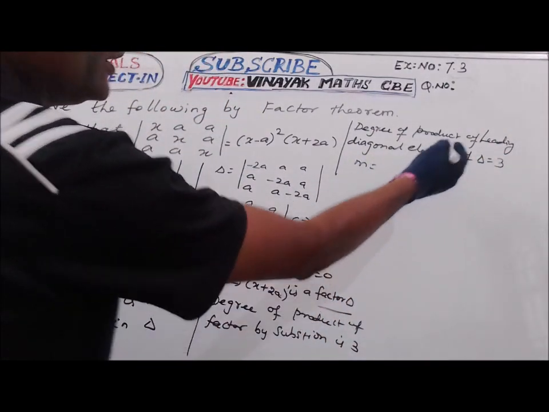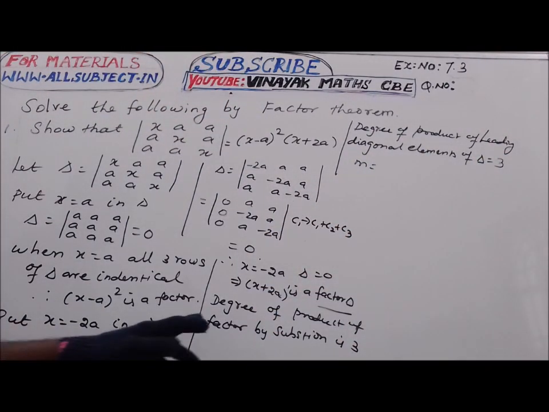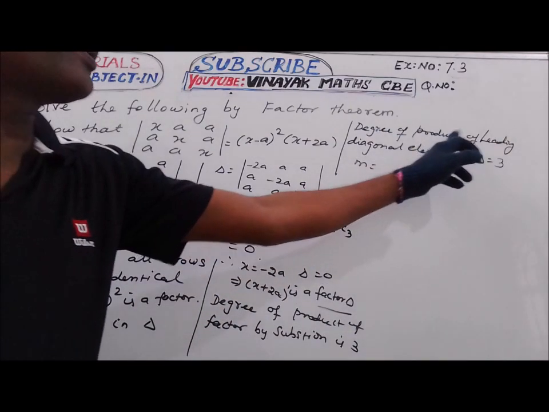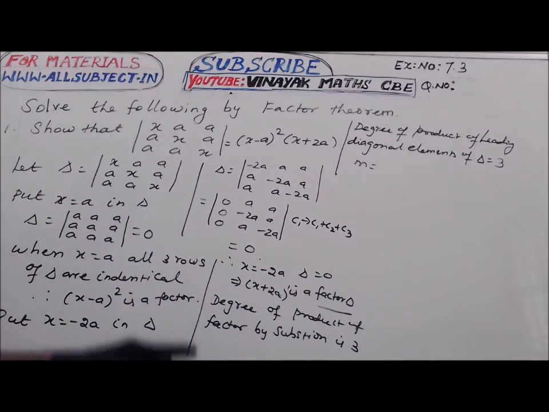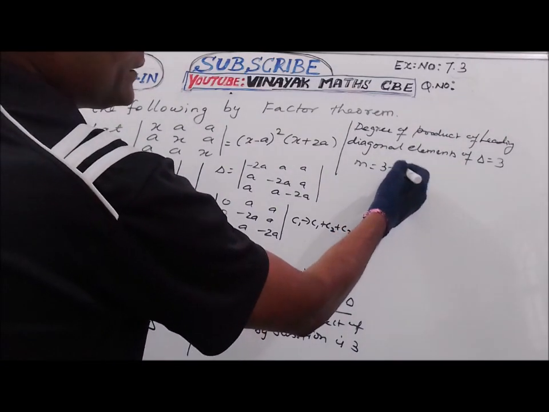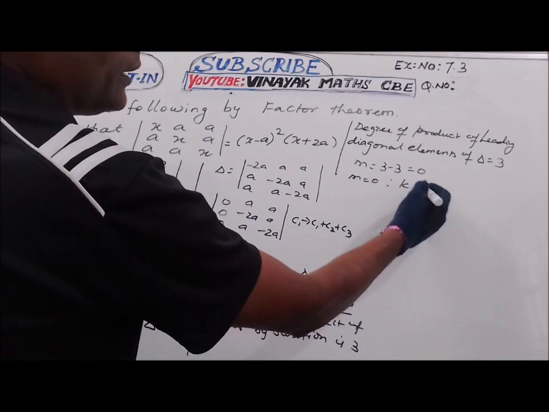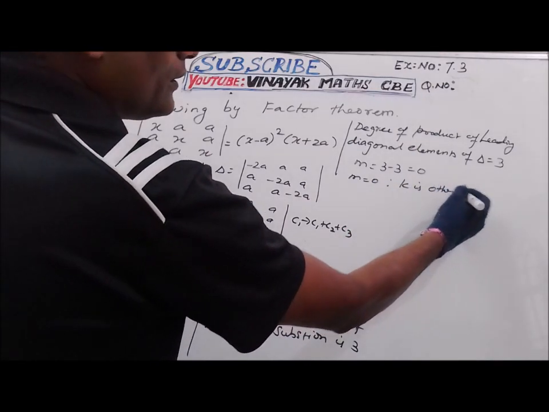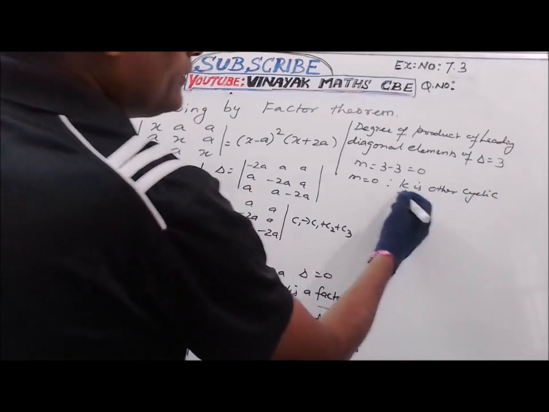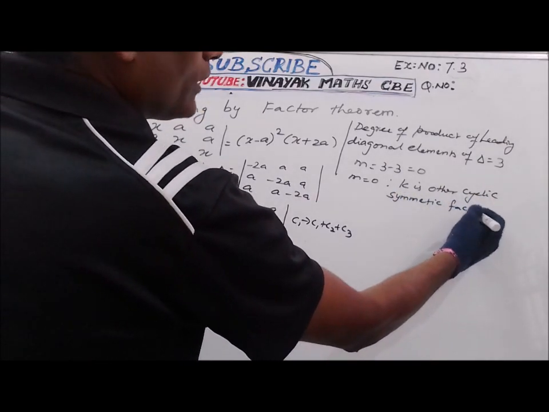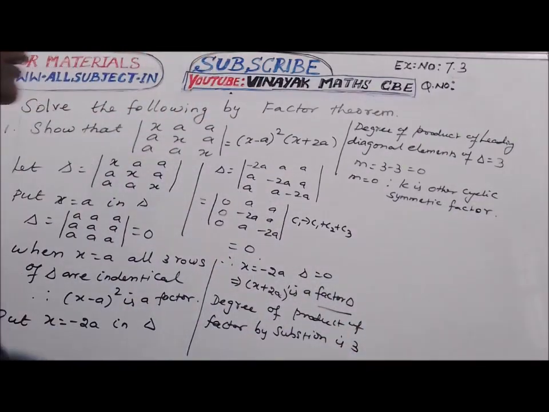m is the difference between the degree of the product of factors by substitution and the degree of the product of the leading diagonal elements. So the difference is 3 minus 3 equal to 0. When m equal to 0, k is the other cyclic symmetric factor. So k is the other cyclic symmetric factor.